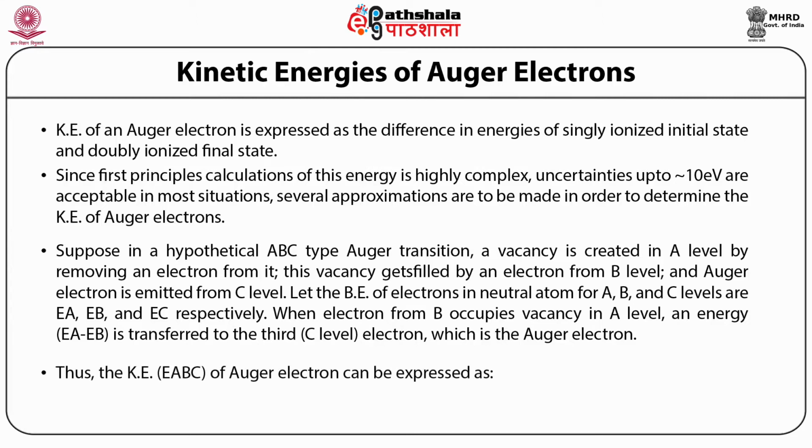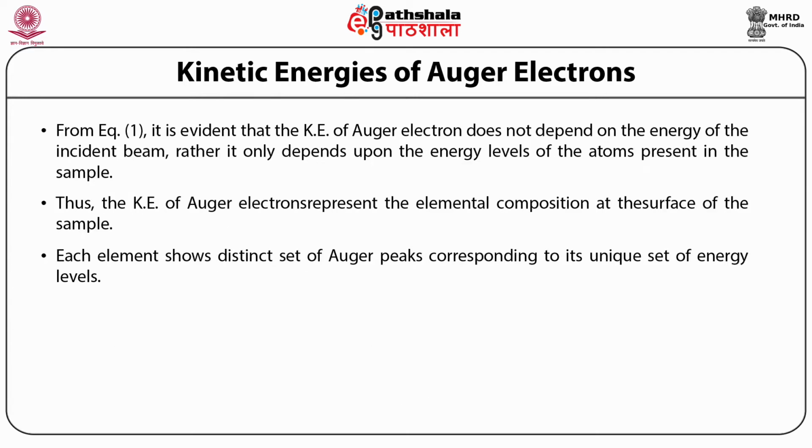Thus, the kinetic energy EABC of Auger electrons can be expressed as EABC equals Ea minus Eb minus Ec. This is represented as equation 1, corresponding to its unique set of energy levels.